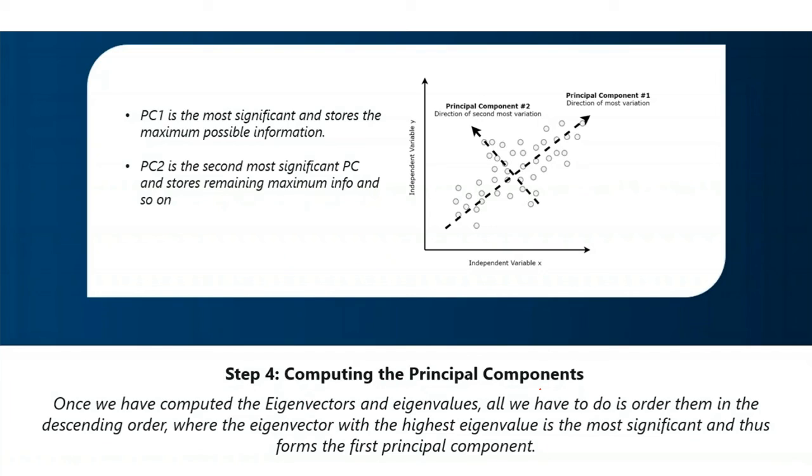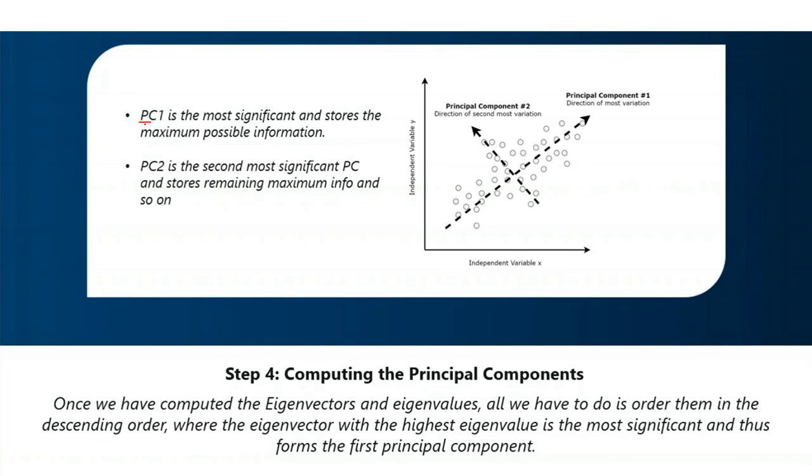When you talk about principal component analysis, after doing all these things, PC1 is the most significant and stores the maximum possible information. Out of these many features, there could be any number of components: principal component 1, component 2, and component 3.